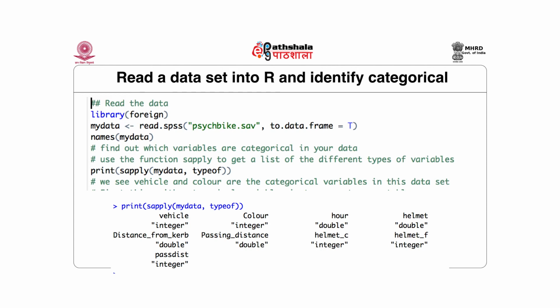So you can see that SideBike has got several of these variables that are integers. So C and F are two variables that are integers. So that's one way of identifying categorical variables.